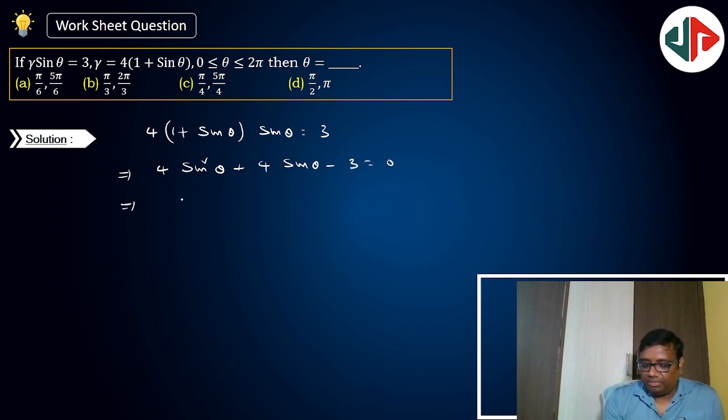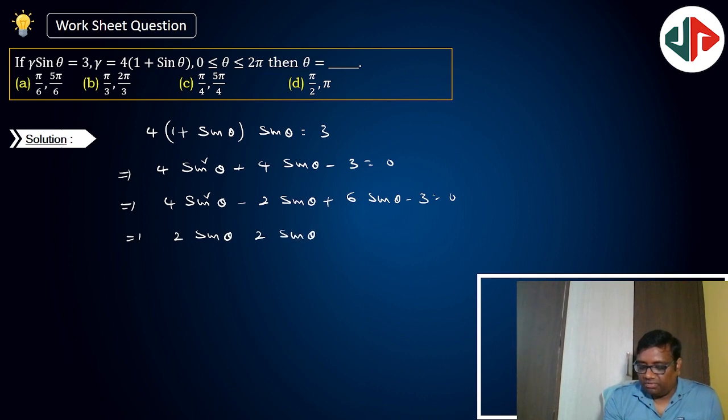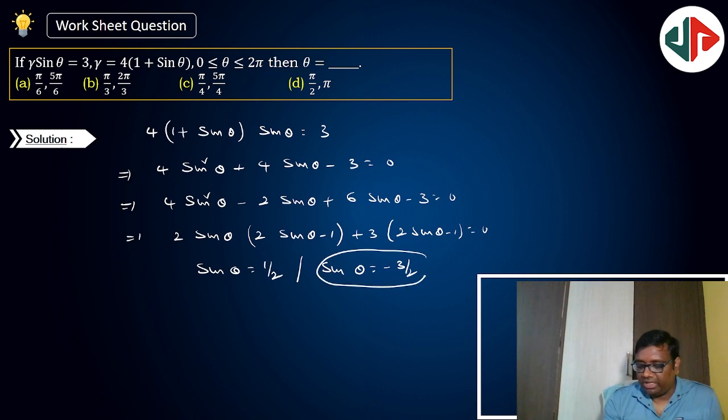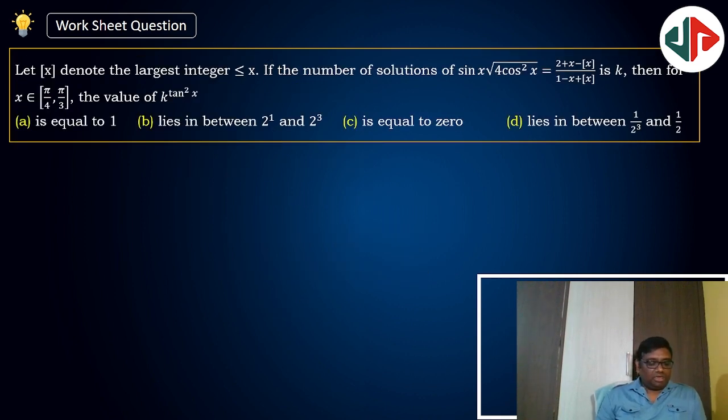If you factorize, 4 sin square theta minus 2 sin theta plus 6 sin theta minus 3 is equal to 0. So it is nothing but 2 sin theta minus 1 plus 3 into 2 sin theta minus 1 is equal to 0. So sin theta is equal to 1 by 2 or sin theta is equal to minus 3 by 2, which does not exist. In 0 to 2 pi, sine is positive in the first quadrant and second quadrant.